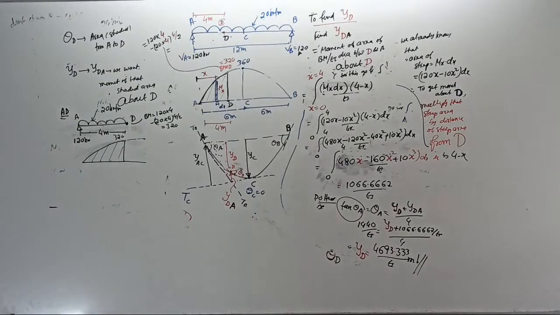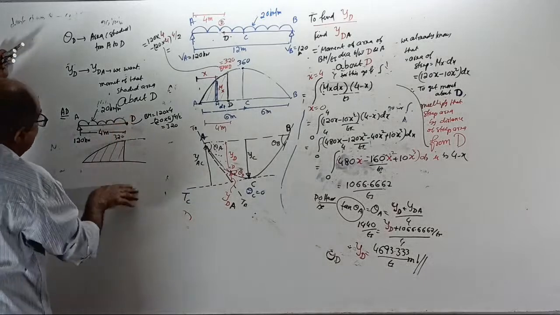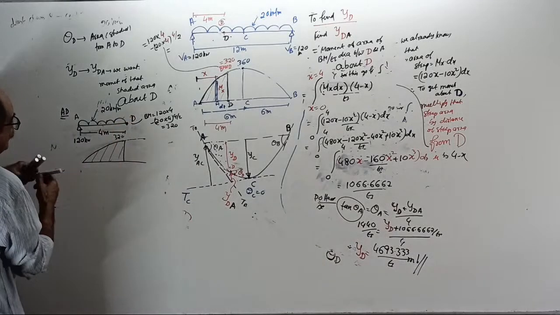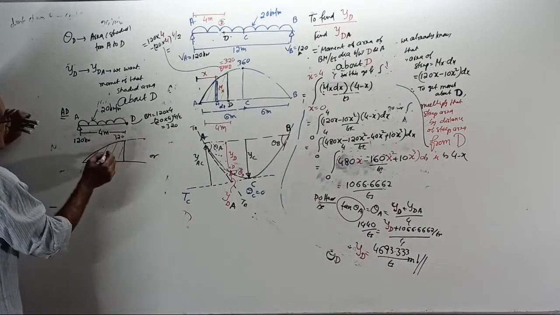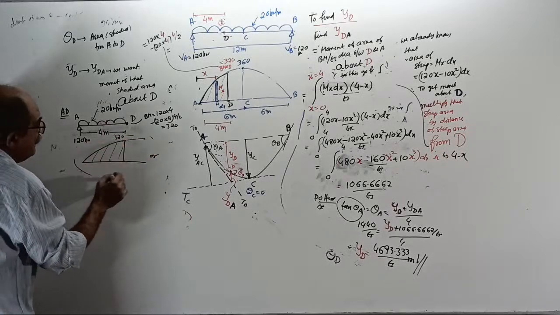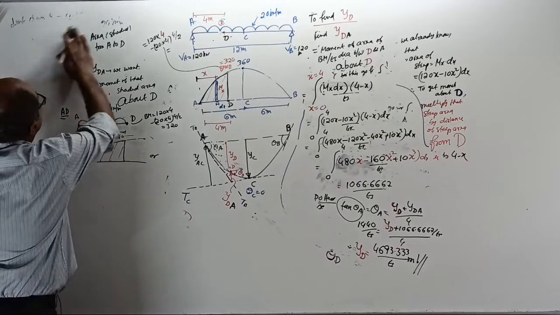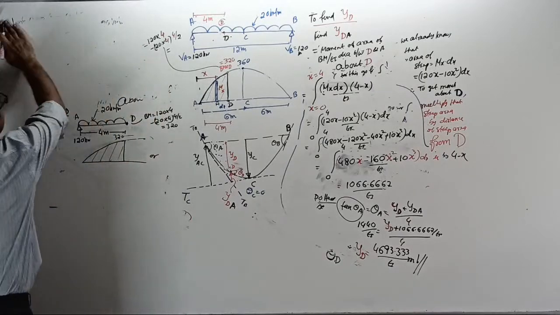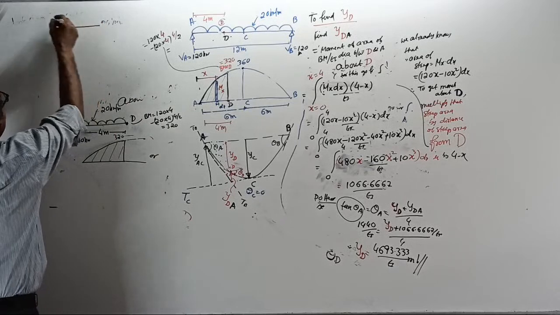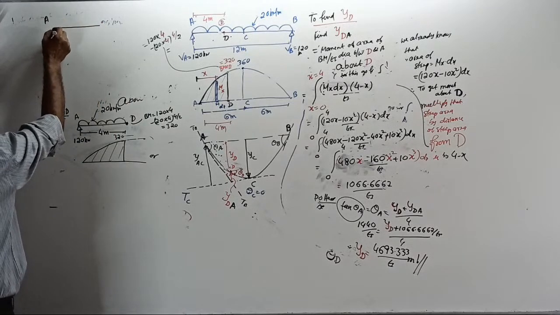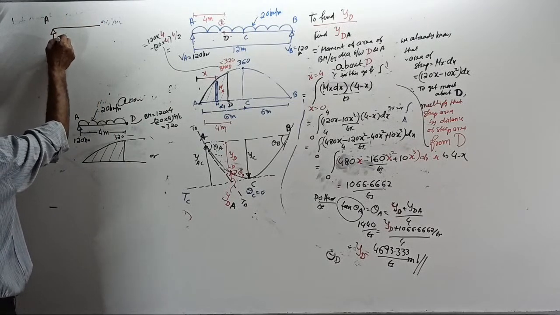Okay, now do one thing. Apply a trick. Space is not there, so instead of drawing the BMD this way, draw the BMD some other way. I will show here now. This is A. There is a reaction of 120 kN.